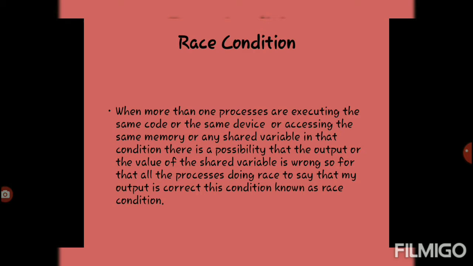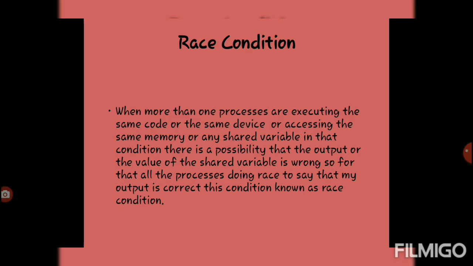For example, when process 1 is executing, at the same time process 2 is also executing in the same processor. If both processes want to handle a particular resource, there will be a competition between them about which can take the resource first.